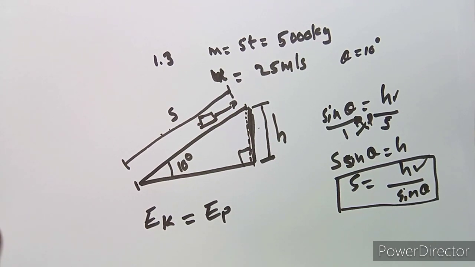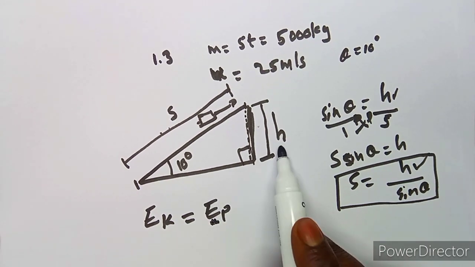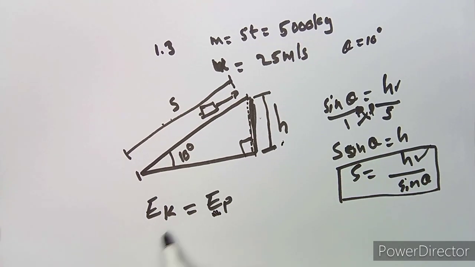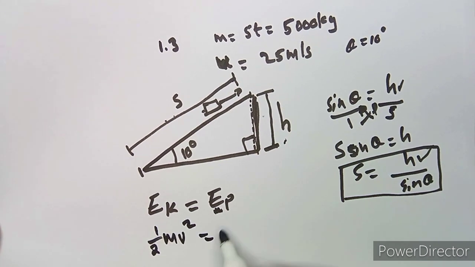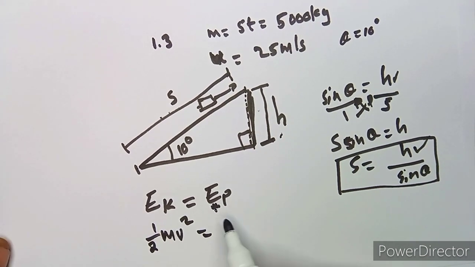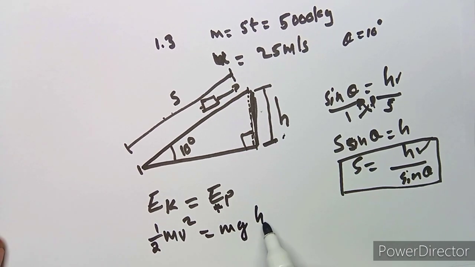So that concept alone can be applied, because in this potential energy there is G, there is H. We know that kinetic energy is equivalent to half mv squared, and potential energy is equivalent to mgh. So we want this H here, so definitely we can divide by mg, because this is what we want.